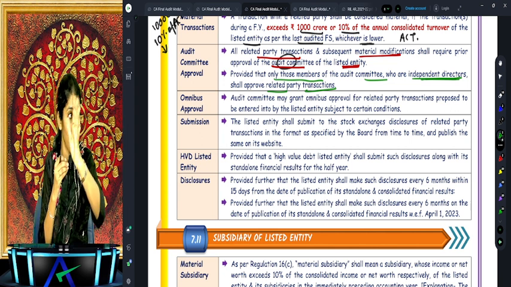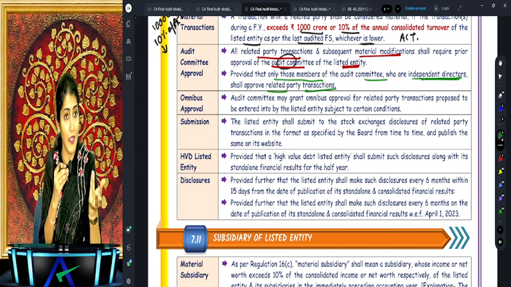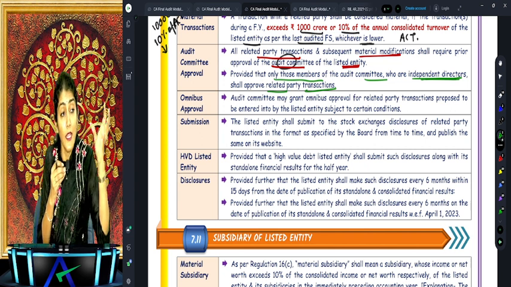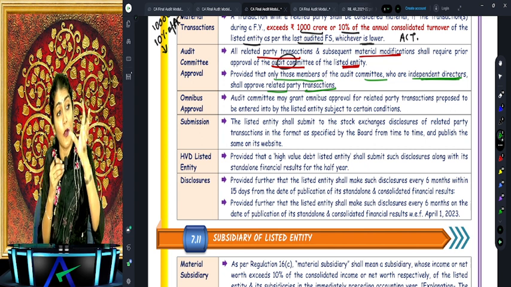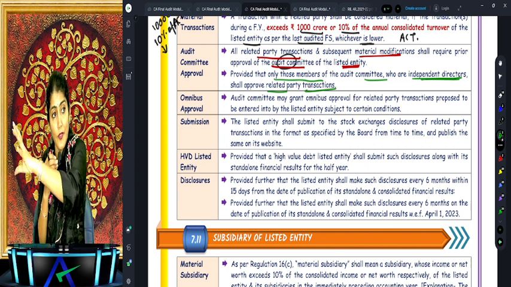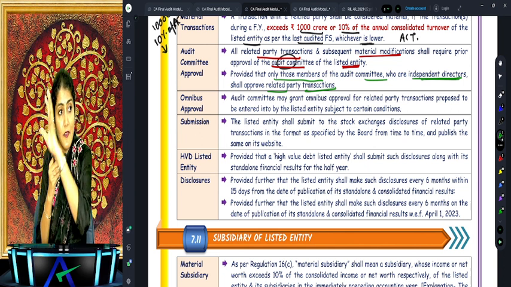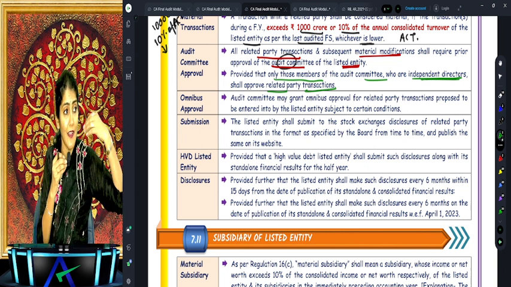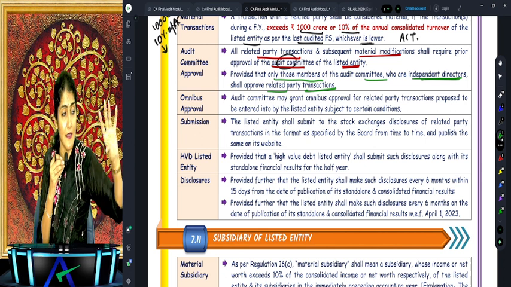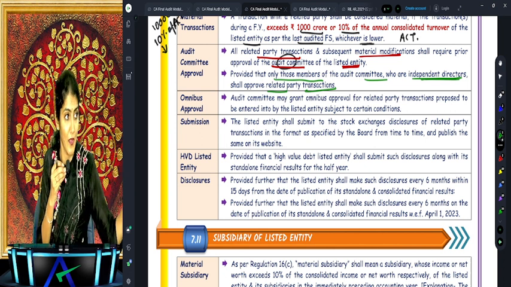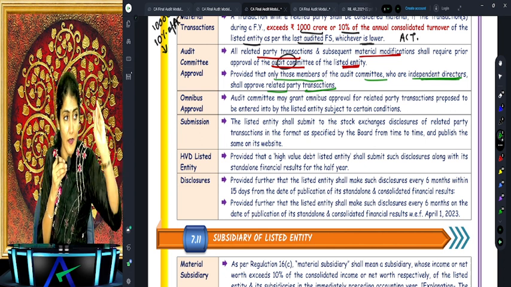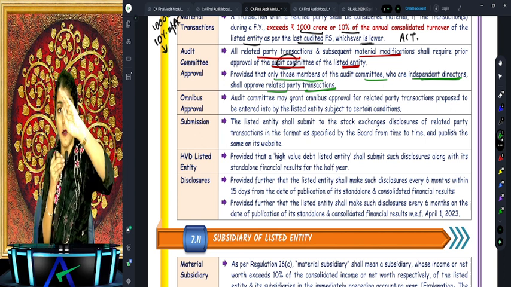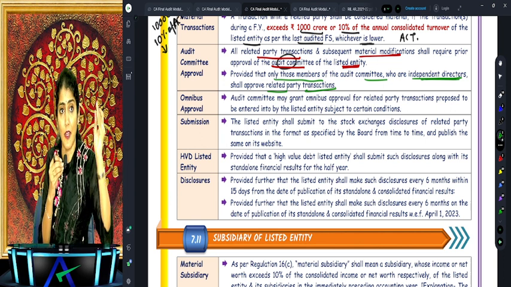So if some of them are not independent, can they approve the related party transaction? No. Only the independent directors of the audit committee will give the approval. Are you understanding that? Whether that other director is interested or not interested in that transaction doesn't matter. What does it say? For all transactions and modifications to related party transactions, prior approval of the audit committee is required.